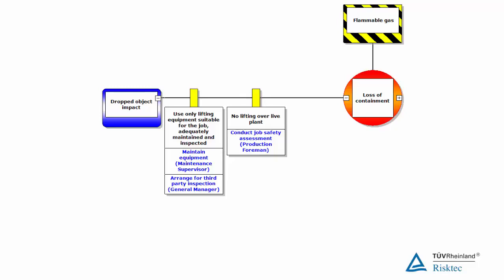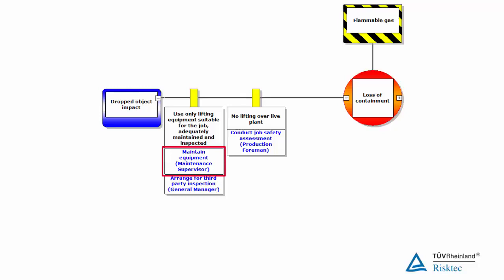And then we go on to ask who does that activity and how do they know what they have to do. For example, for the measures protecting against dropped object impact, the first barrier requires that the equipment is regularly maintained. A similar safety-critical activity will occur anywhere on the Bowtie where there is a barrier that is a piece of equipment.